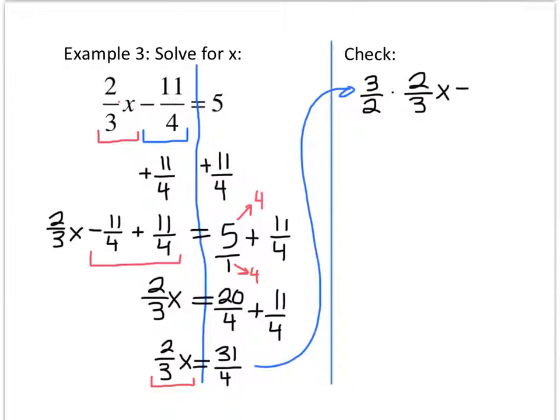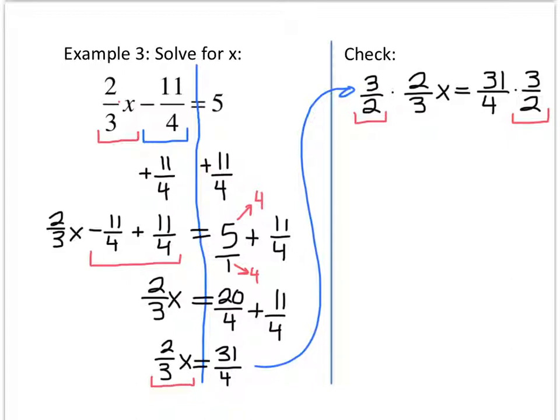If you remember this from our work with fractions, I'm really doing, again, multiplication by the reciprocal. So that's where this 3 over 2 came from on both sides. I'm recognizing that I need to divide by 2/3, but instead of dividing by a fraction, I'm multiplying by the reciprocal, which is the 3 over the 2.